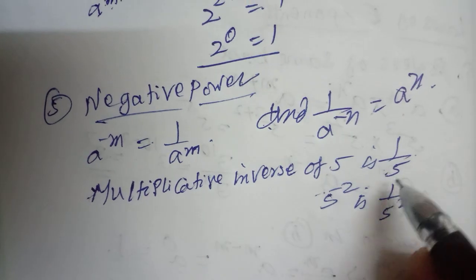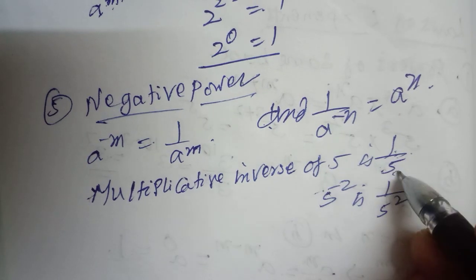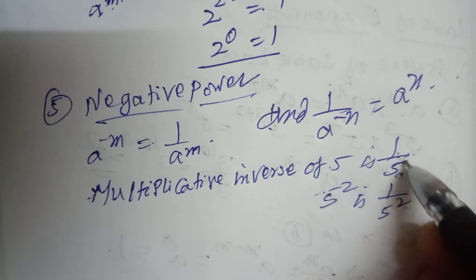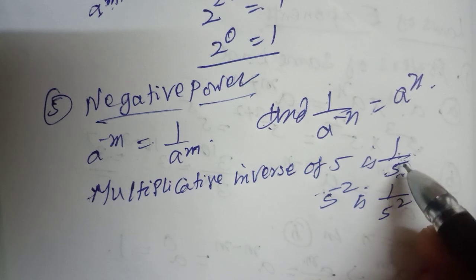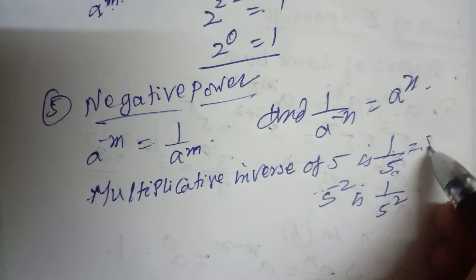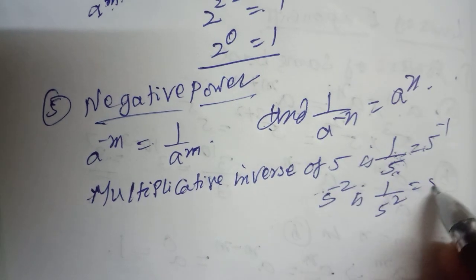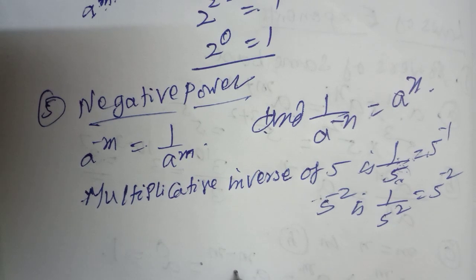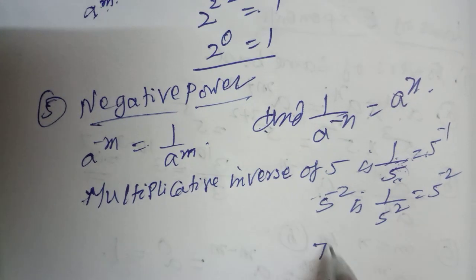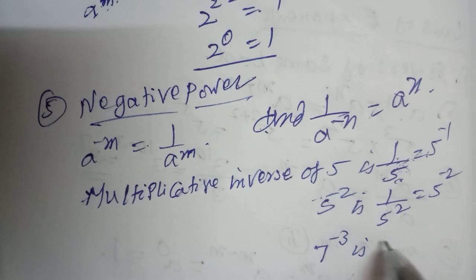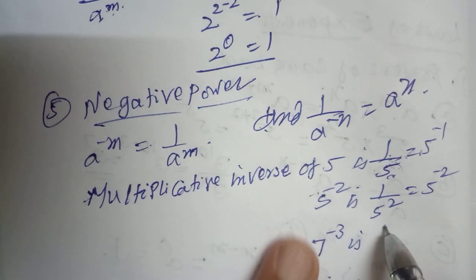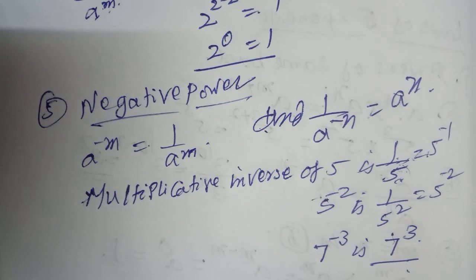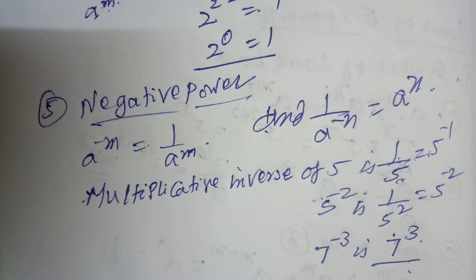So once we write it in the denominator, the power can be expressed as negative. Similarly, multiplicative inverse of 7 to the power of minus 3 is, yes, which is nothing but 7 to the power of 3. Very good.